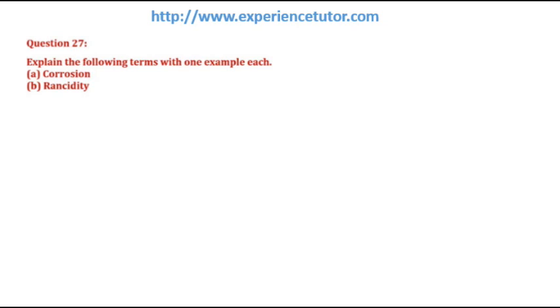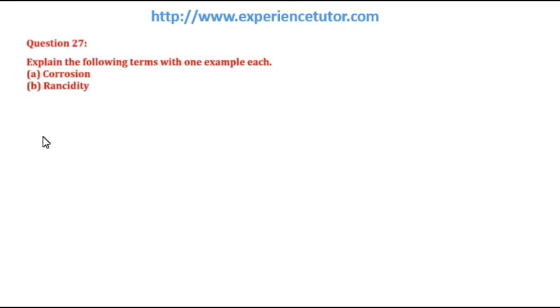Next question, explain the following terms, one example each, corrosion and rancidity. Corrosion is defined as a process where materials, usually metals, deteriorate as a result of chemical reaction with air, moisture, chemicals, etc. For example, iron in the presence of moisture reacts with oxygen to form hydrated iron oxide.